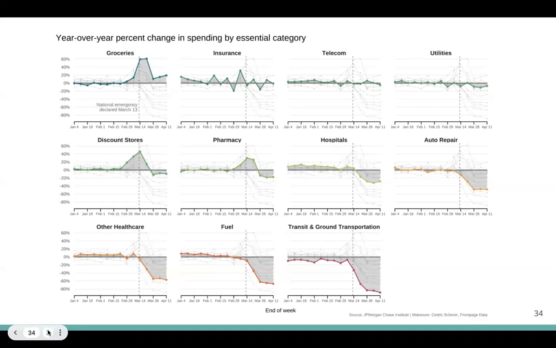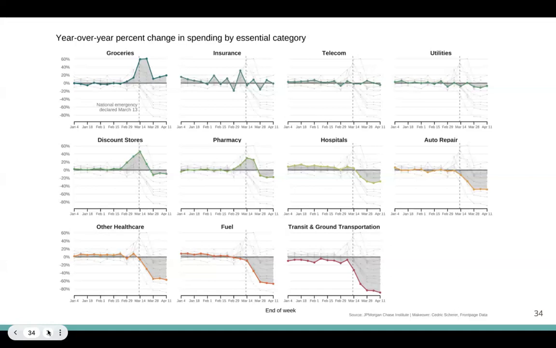Discount stores, right before the pandemic, increased. Maybe people were aware, they stocked up, and this is right before the national emergency was declared. But then pharmacy spending shot right up, it increased right after it.